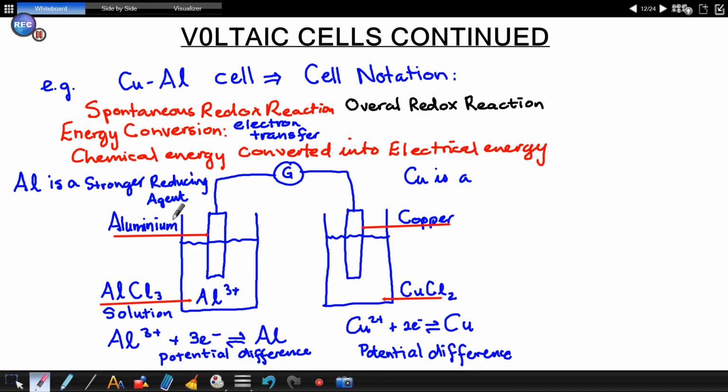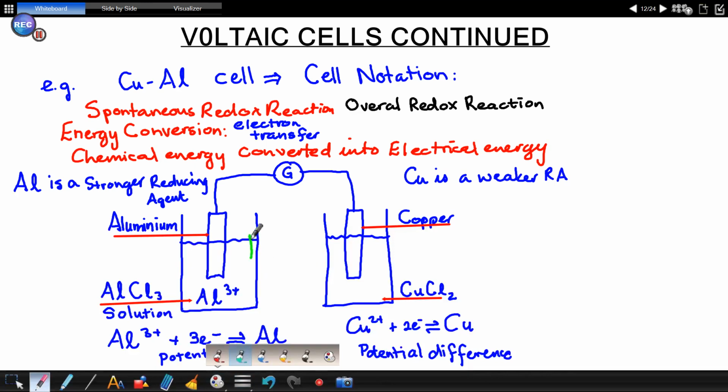So aluminium, when you join it to copper, it wants to give its electrons to copper ions. Because aluminium is a stronger reducing agent than copper, copper is also a reducing agent, but it's the weaker reducing agent. So what happens, now we haven't completed the circuit yet, so there can't be any charge flowing here before the circuit is completed.